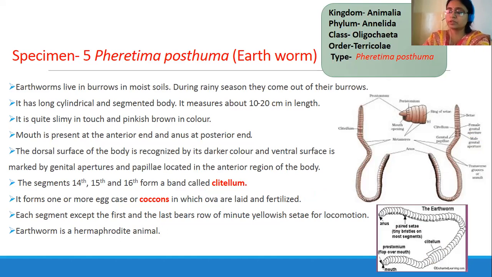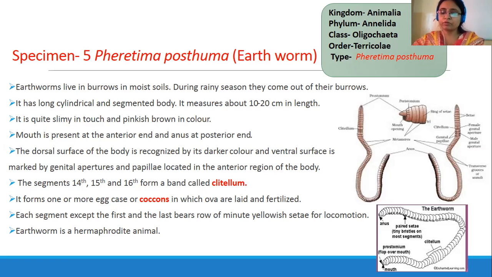So here you can see this is the earthworm, which belongs to the phylum Annelida. Here you can see a cylindrical pinkish-brownish body, and the whole body is divided into different segments, and setae are there for the purpose of locomotion. Mouth is at the anterior end, anus is at the posterior end. So this is the earthworm.